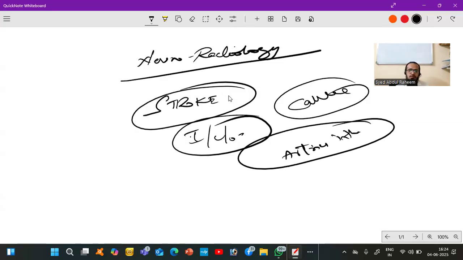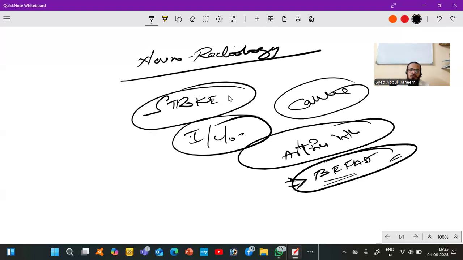We also discussed the protocol, what is to be done: be fast. This is the short mimic.